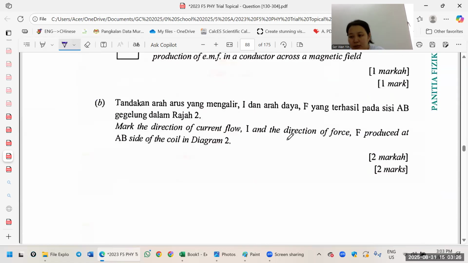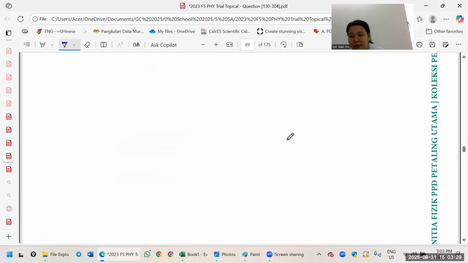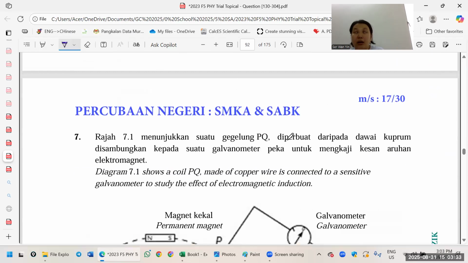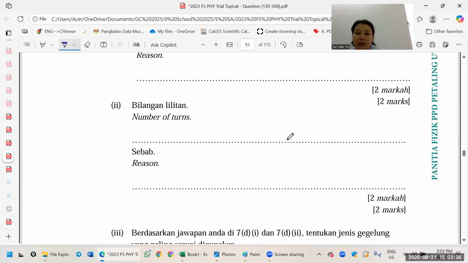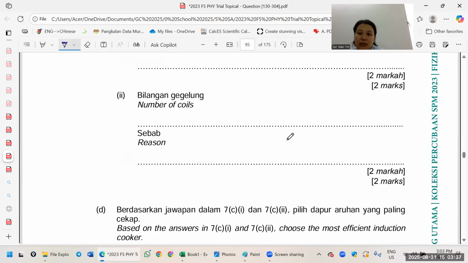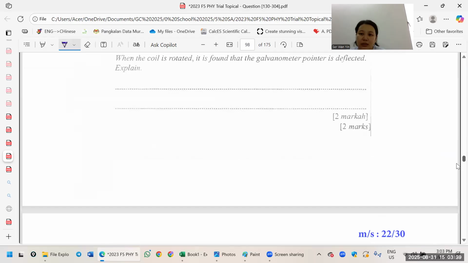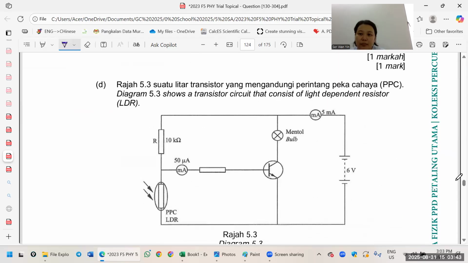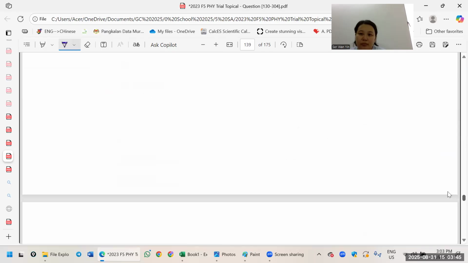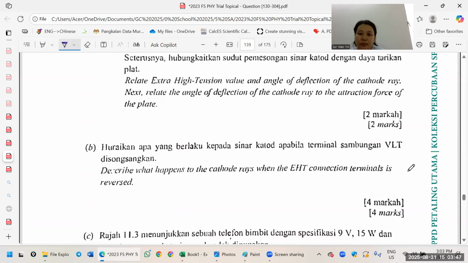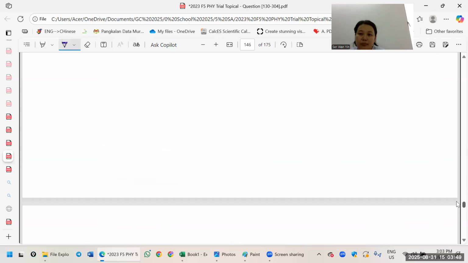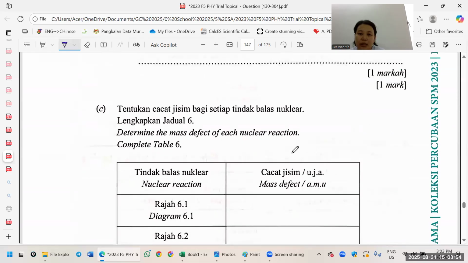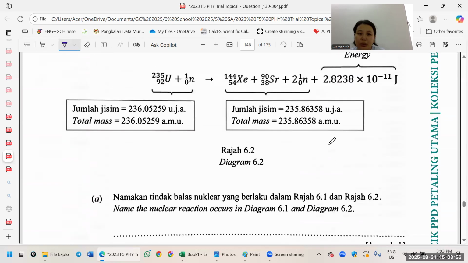Then what else? Okay, radioactive. No need to talk. Oh, radioactive is radioactive decay. Okay, mass defect, everyone, okay?